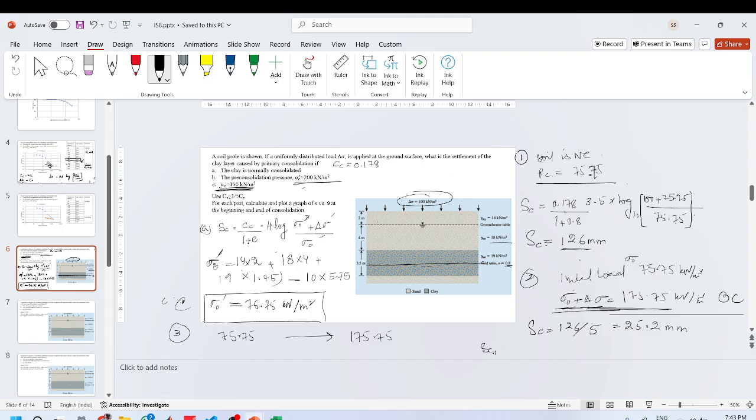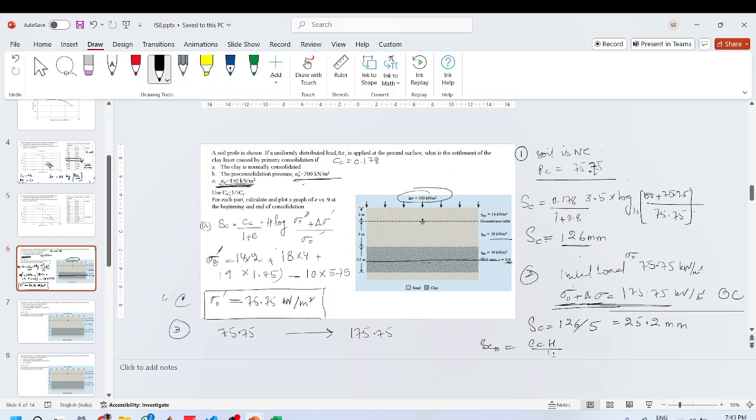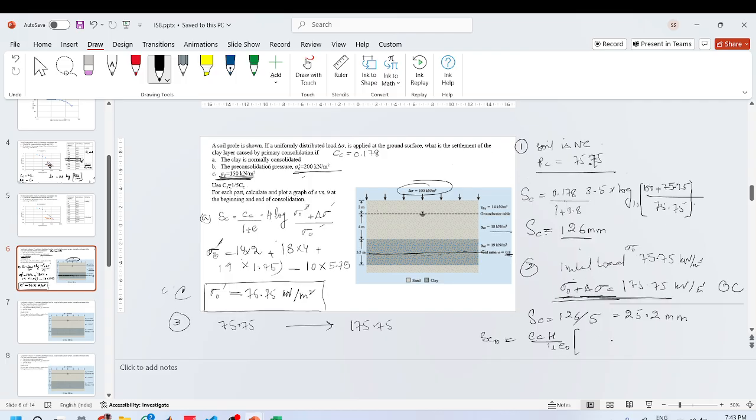The SC will be equal to CC times H over 1 plus E naught, starting from 75.75 to 75.75, like 150 minus 75.75, isn't it?